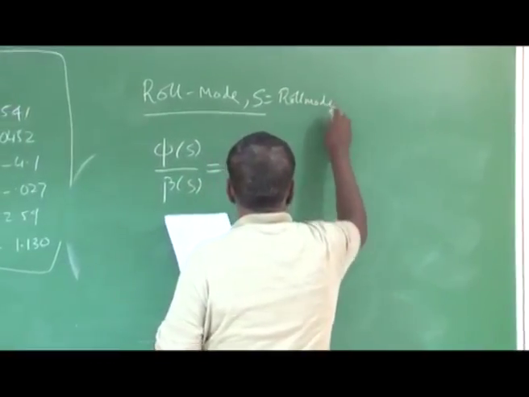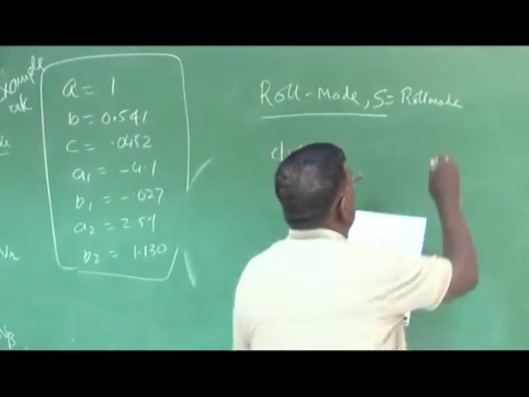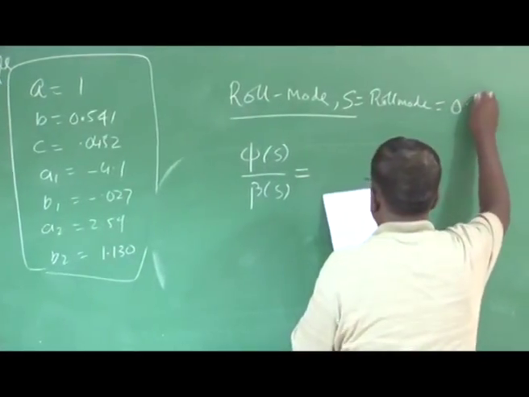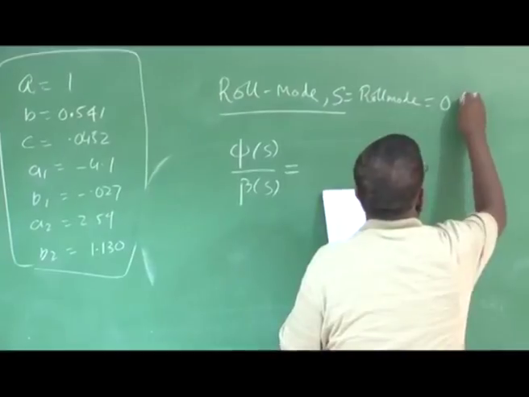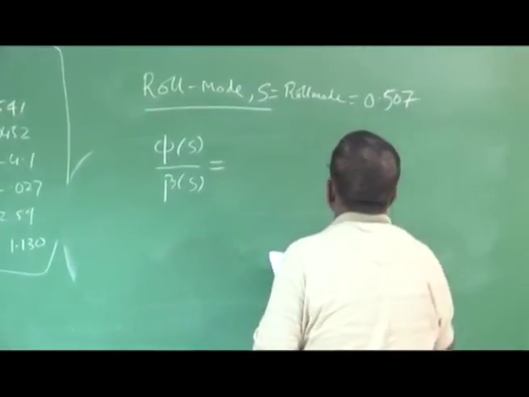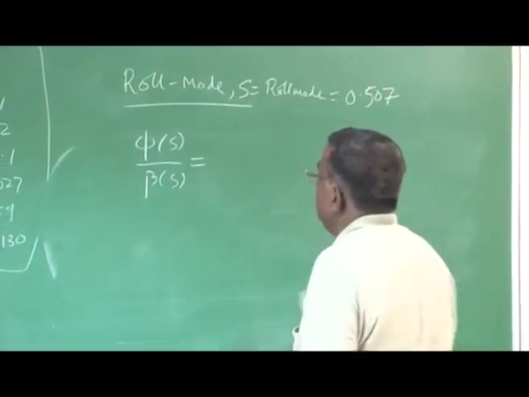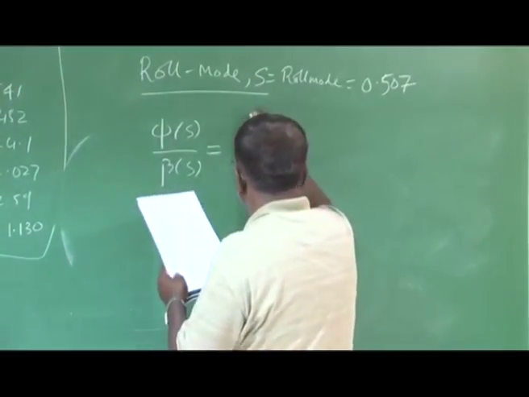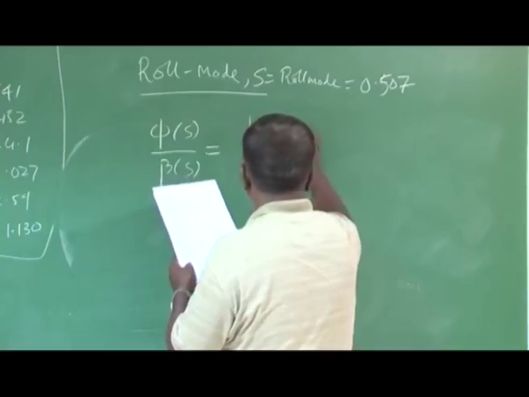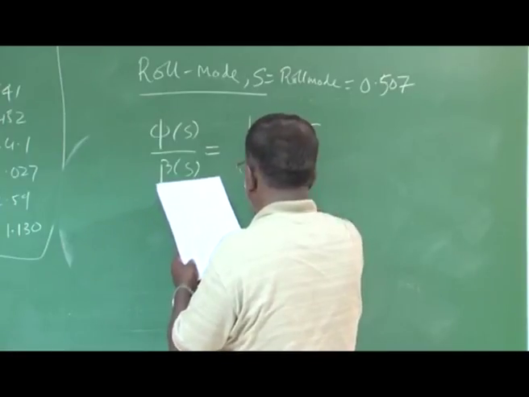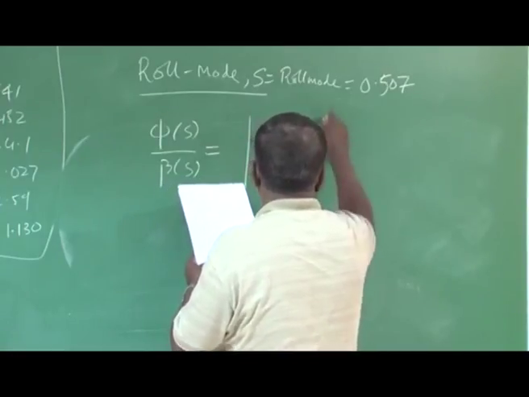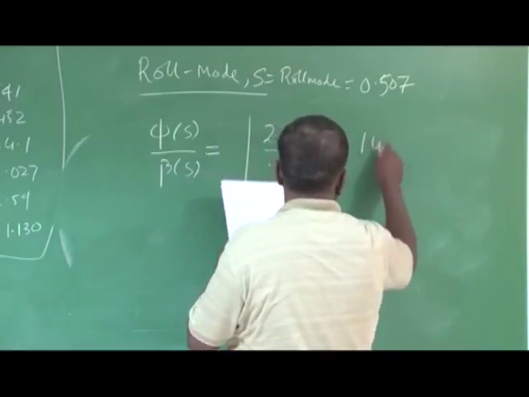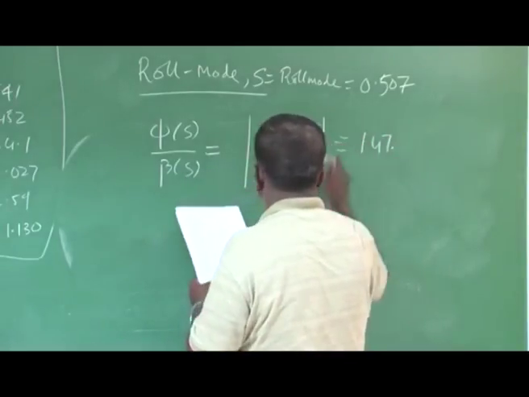And if I recall that example, the value of S, or the root, was 0.507, right? If I put those values in those expressions, then I get phi of S by beta of S as 2.075 by 0.0141. This is equal to 147, approximately.